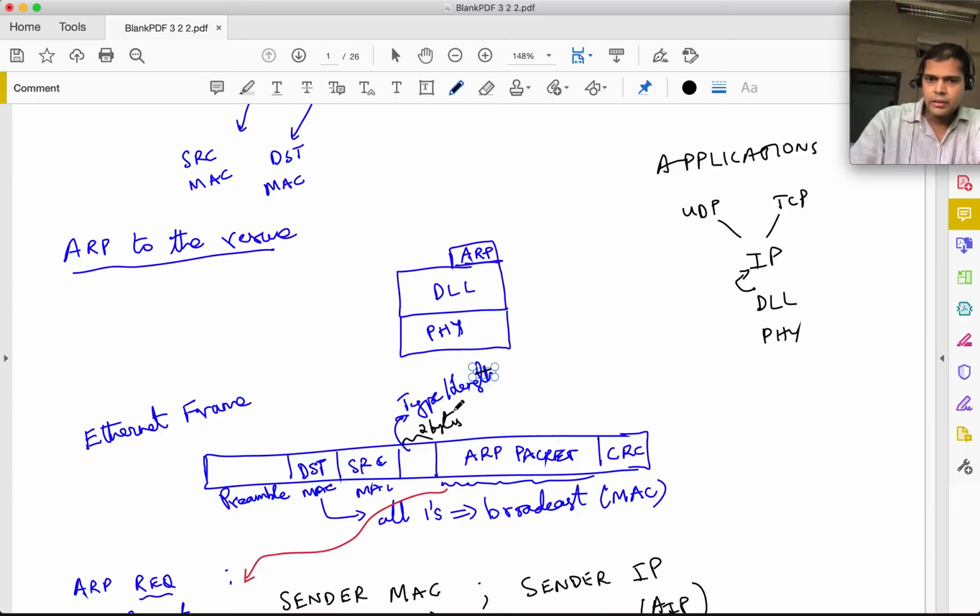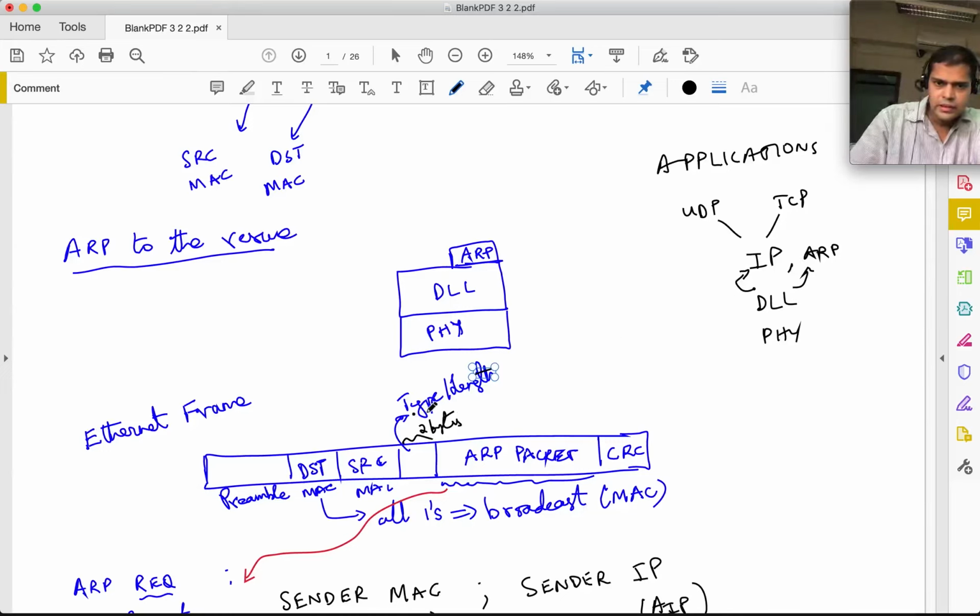Why I'm bringing that up is because what if you are sending it up to ARP? How does the Ethernet layer, the data link layer, know which is the next protocol layer? There has to be some mechanism for that. By default it would be IP, but sometimes you may have to send it to ARP, which is another protocol at the link layer.